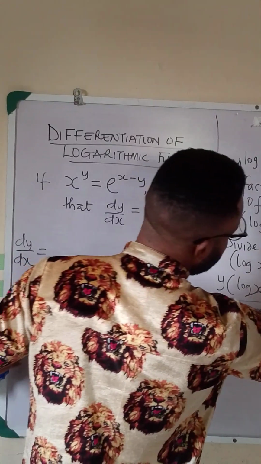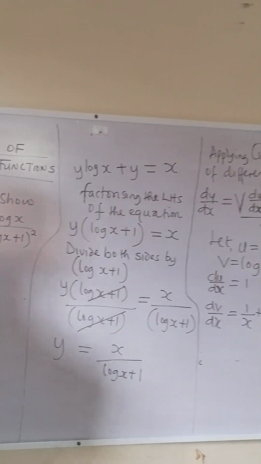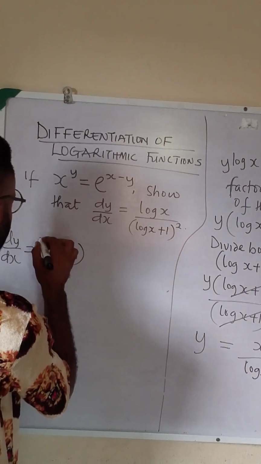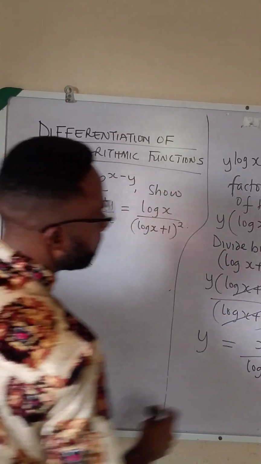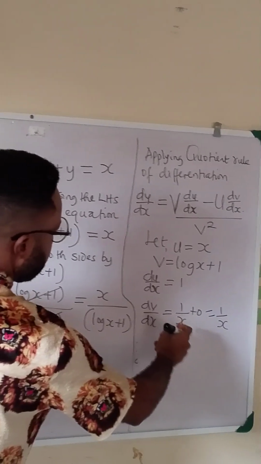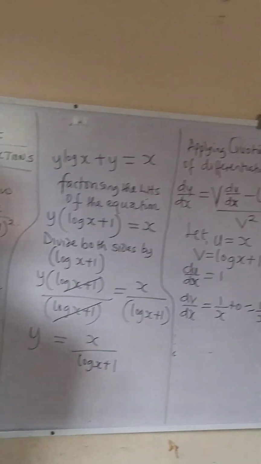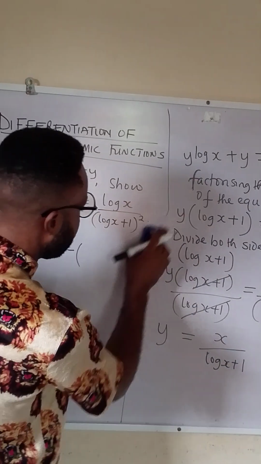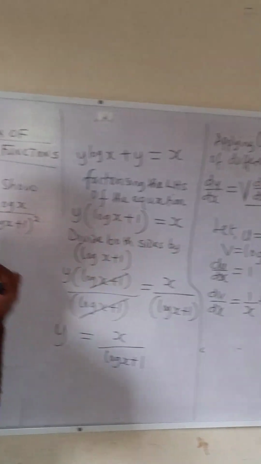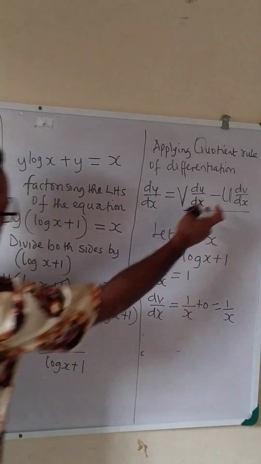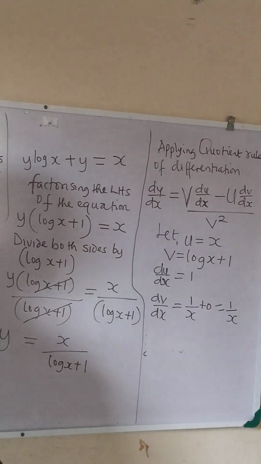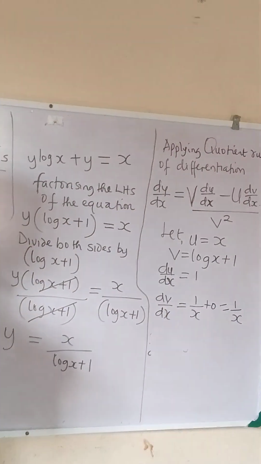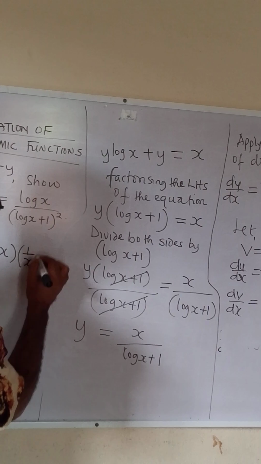The value of v is log x plus 1, so we write it in bracket, into du/dx which is 1, minus u which is x, into dv/dx which is 1 over x.